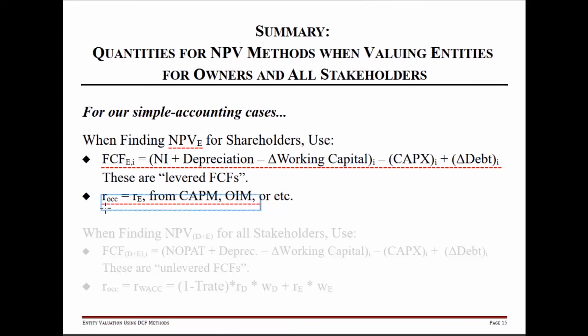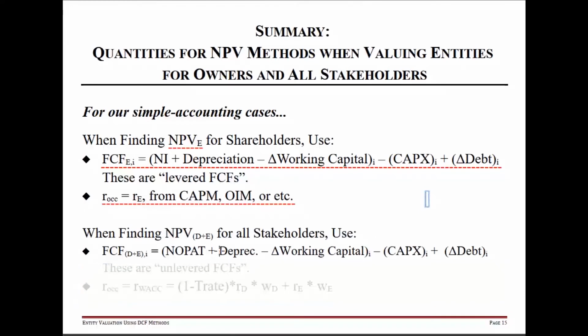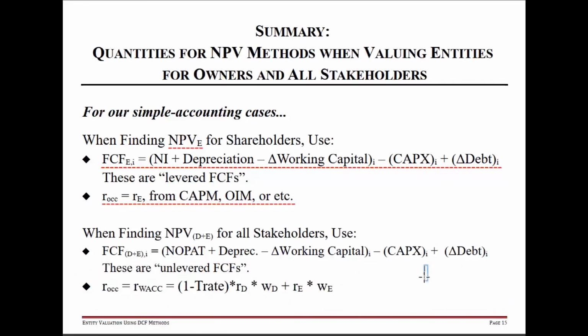It could be from some version of our opportunity investment model or etc. Okay, and when we're finding our NPV to all our stakeholders, to get the free cash flow, we just replace net income with NOPAT, and these are called our unlevered free cash flows, and we discount those cash flows back to t equals 0 with our weighted average cost of capital.